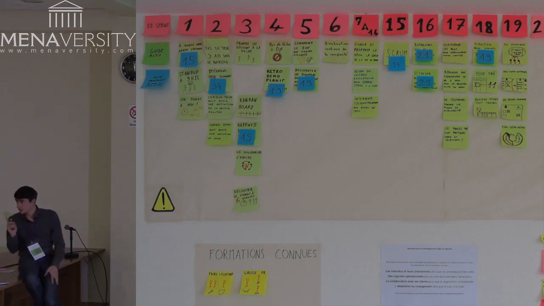But remember, this sticky note here is not even the tip of the iceberg. It's just a reification of a shared experience of facing obstacles, and then a discussion on how we are going to go over this obstacle.